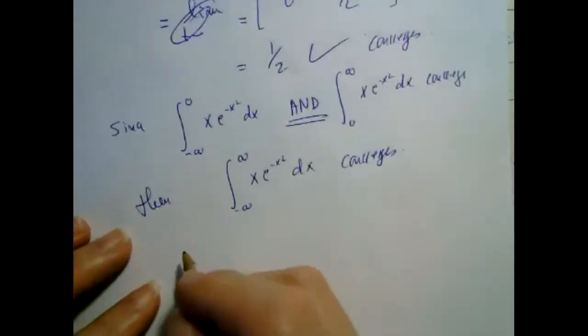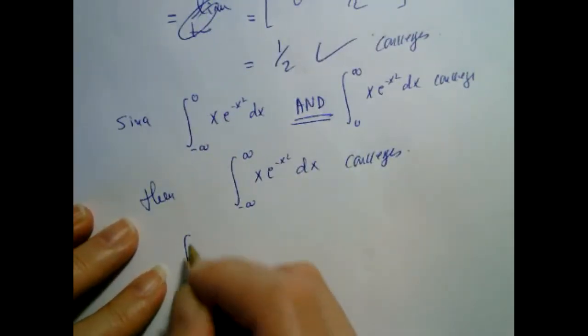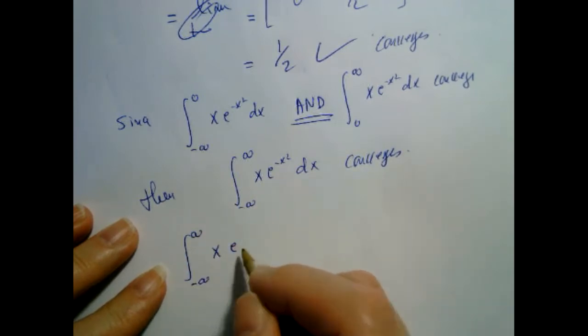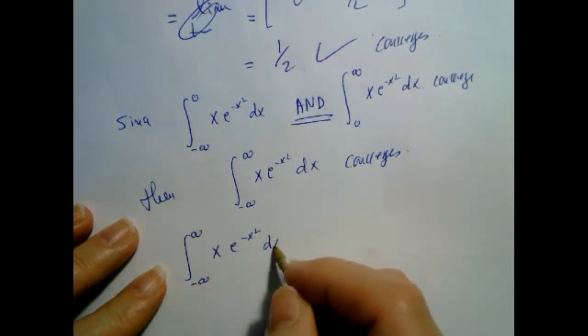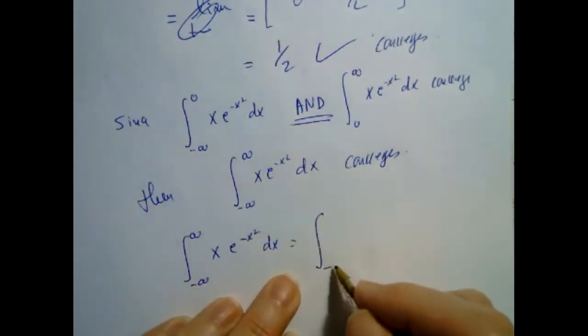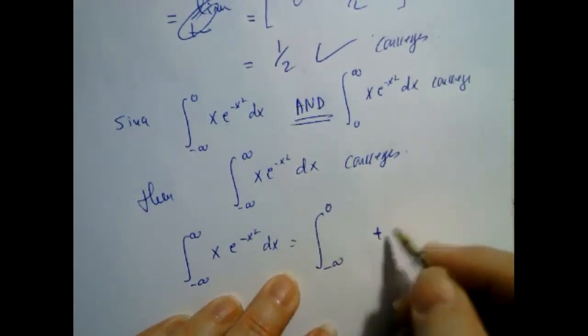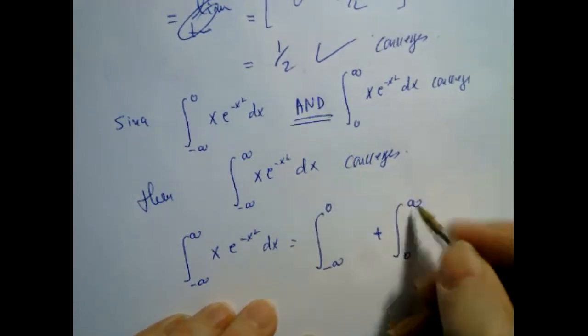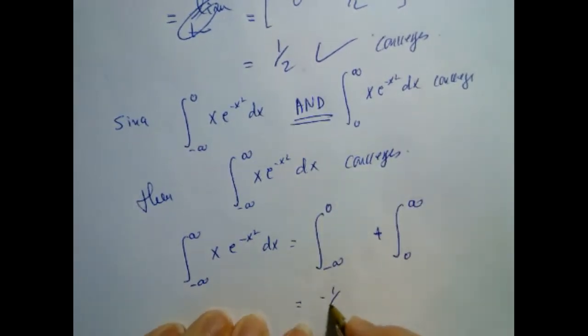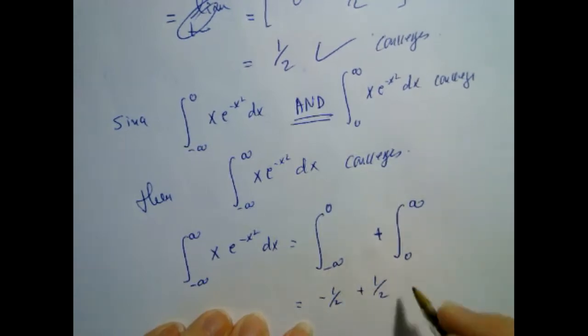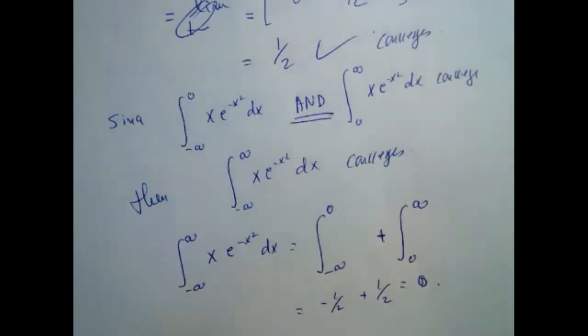And the value of this integral, so it's converged, but what's its value? As our definition says, it's the value of the first plus the value of the second. And in this case, it happened to be 0 because the function is taking positive and negative values.